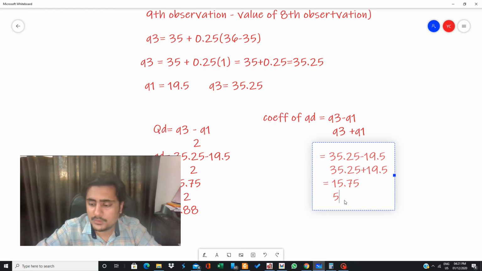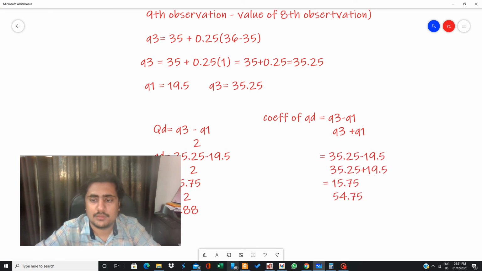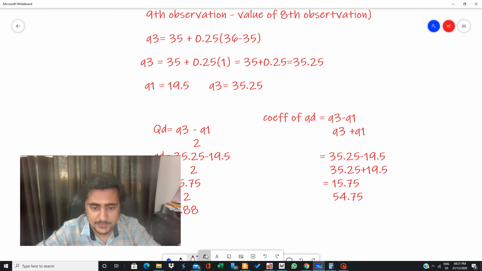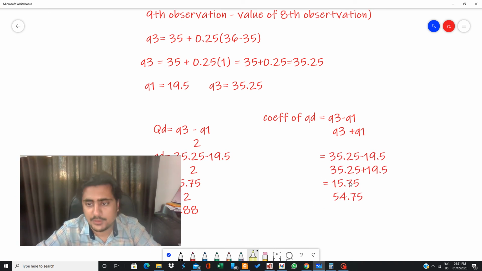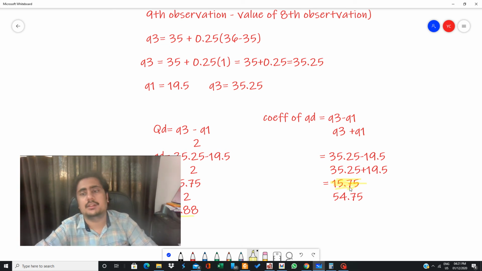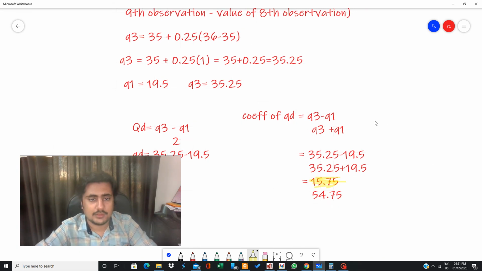Some students make a mistake here when they write the digit. They write 15.75 instead of 7.875. They think that this Q3 minus Q1 is the quartile deviation, but it is not so. Okay, so never make a mistake like this.